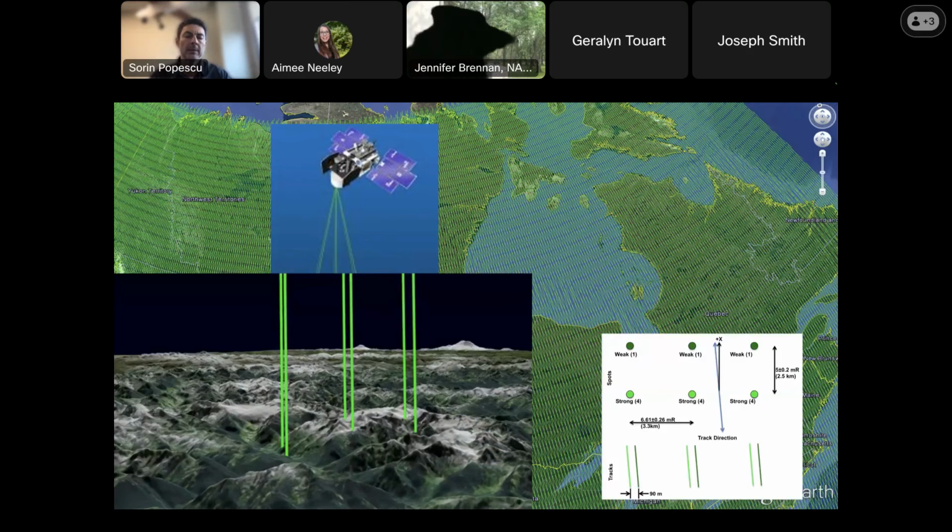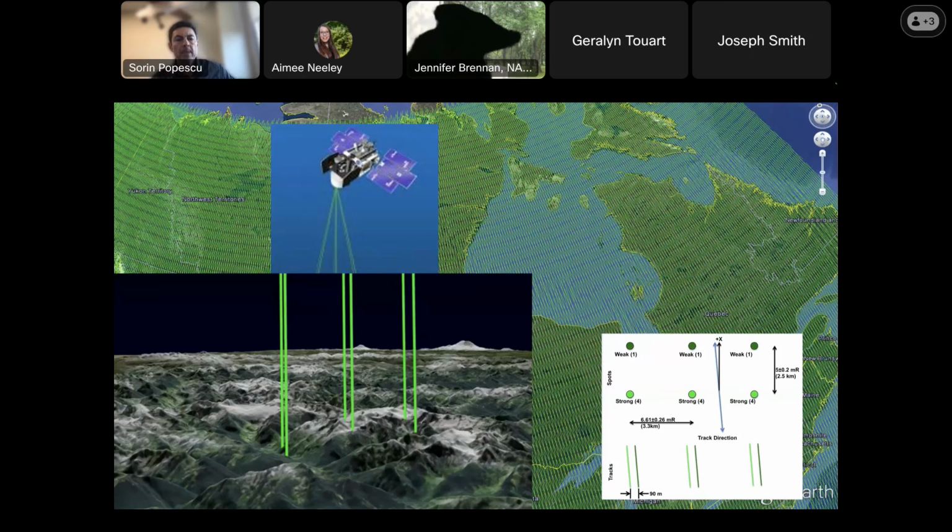And in every pair, there's a strong beam and a weak beam that are separated, their tracks, about 90 meters. And imagine them covering the globe with ascending and descending orbits. The background of this slide shows you the planned tracks for covering the Earth.